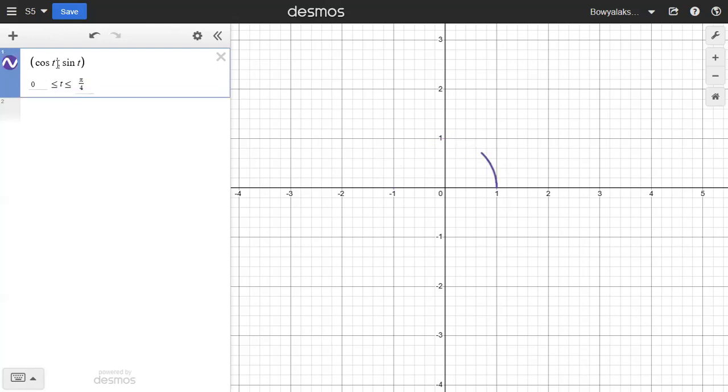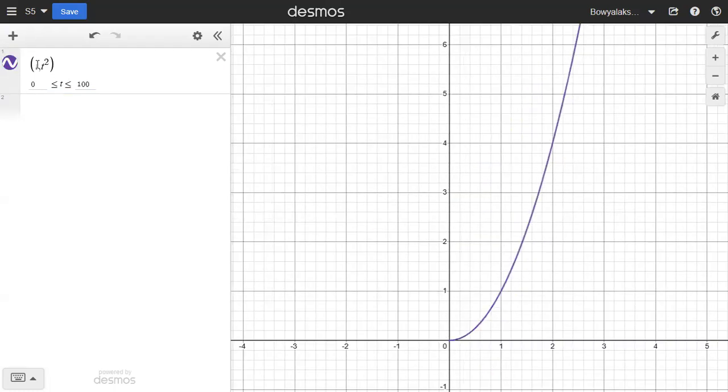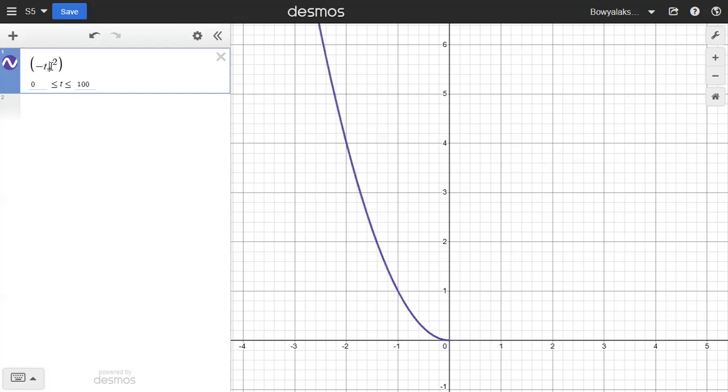If you change the parametric form, like t and here t squared, it's a part of a parabola opening rightwards. If you do 0 to 100, it's a bigger part. If you put a minus here and also a minus here, it changes.